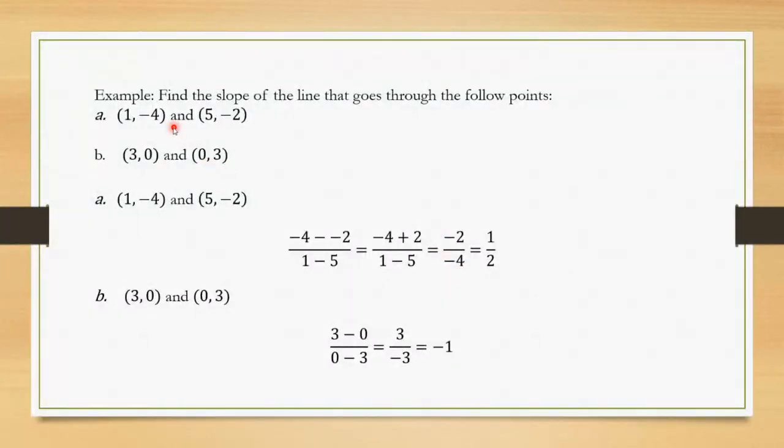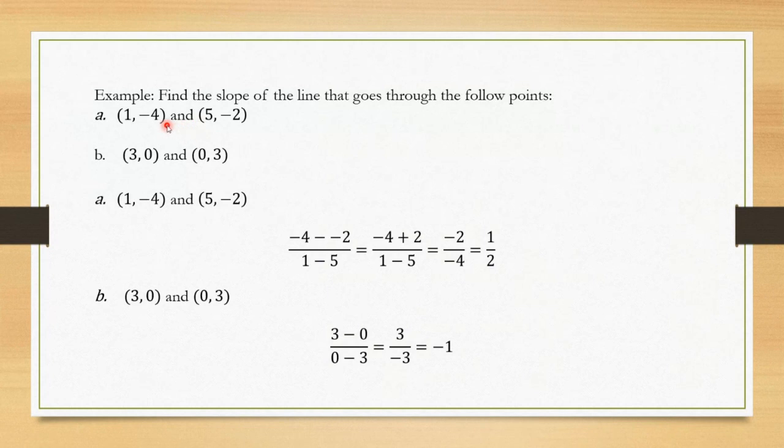So here, for instance, we're going to find the slope of the line through each pair of points. So for 1, -4 and 5, -2.